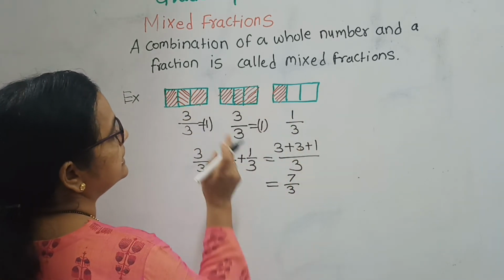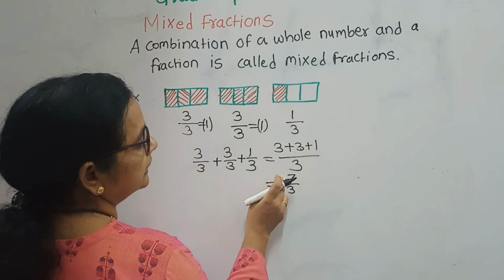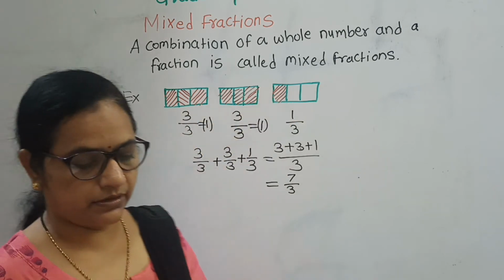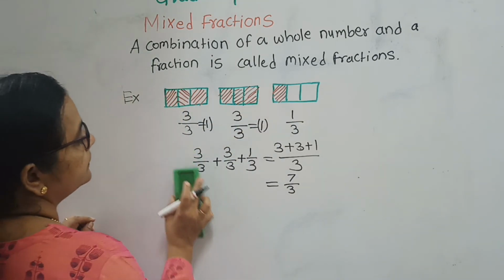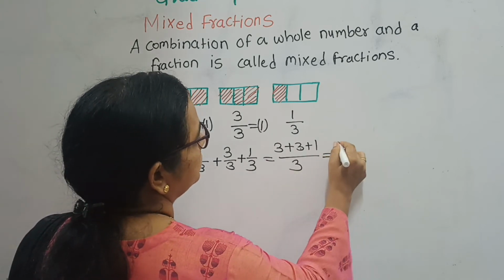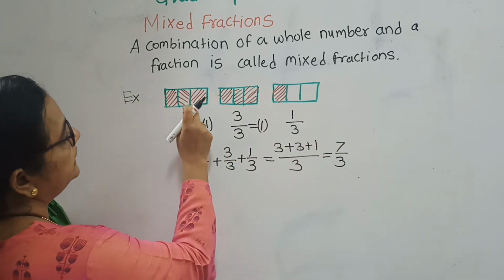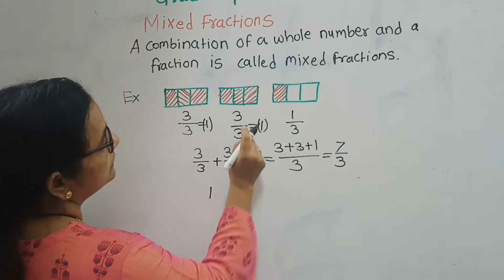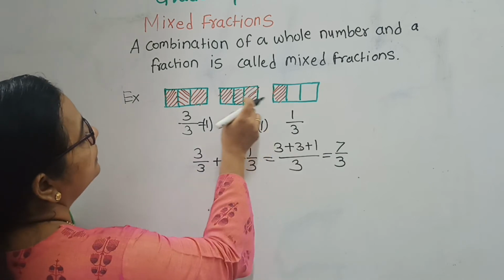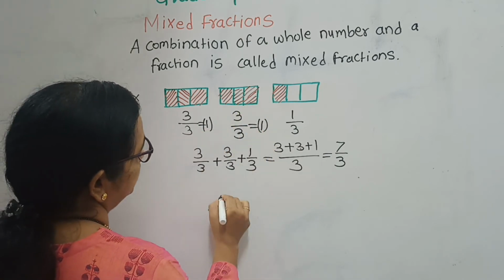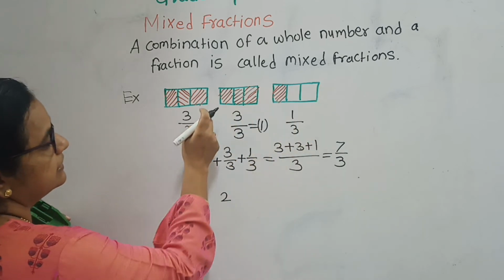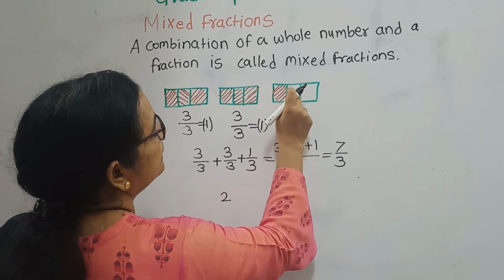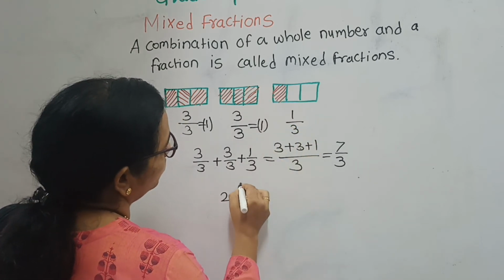Yes, 7/3 means the shaded part is 7 out of 3 figures. Now if we take the whole shaded part, this is 1 and this is also 1 whole, so 1 plus 1 is 2. Of these 3 figures, 2 figures are fully shaded, and from the third figure, 1 out of 3 is shaded.